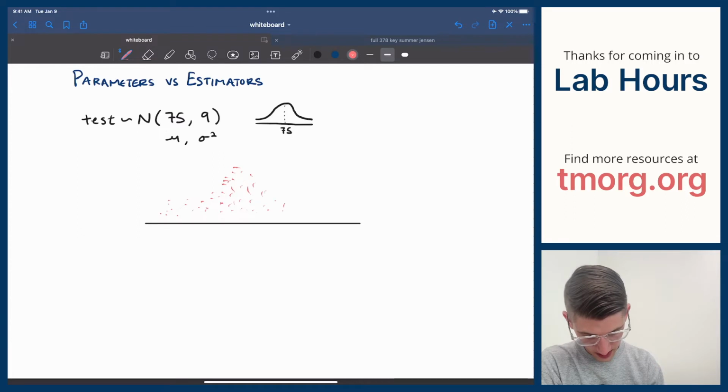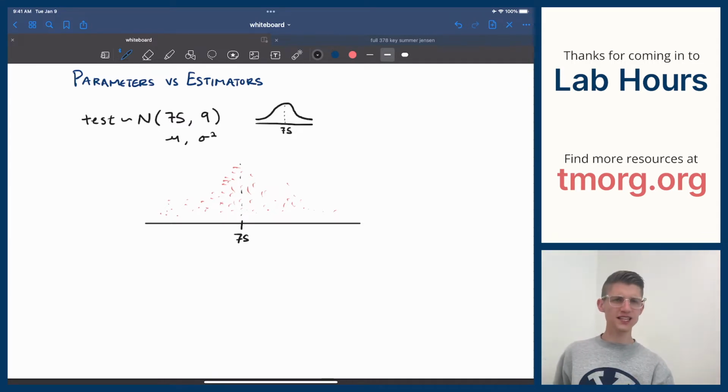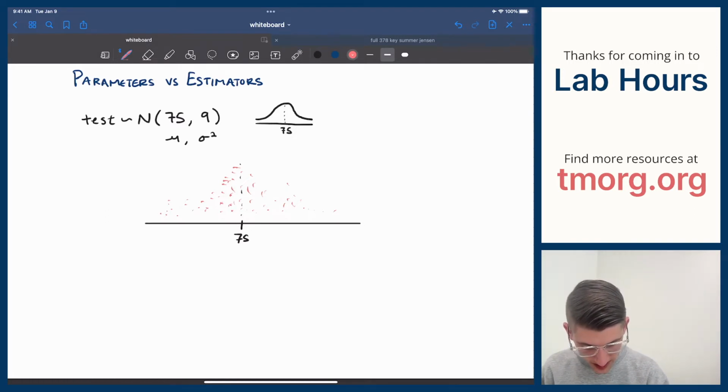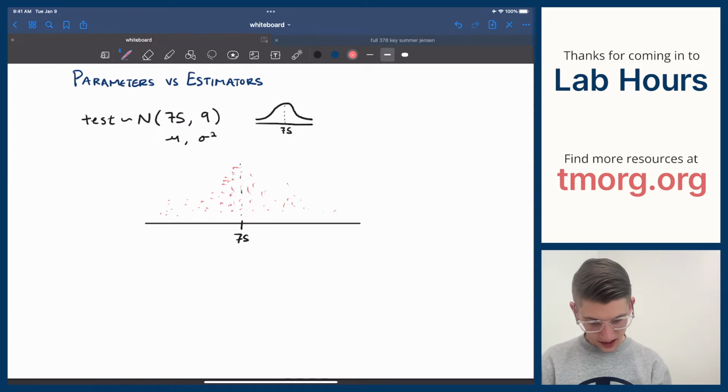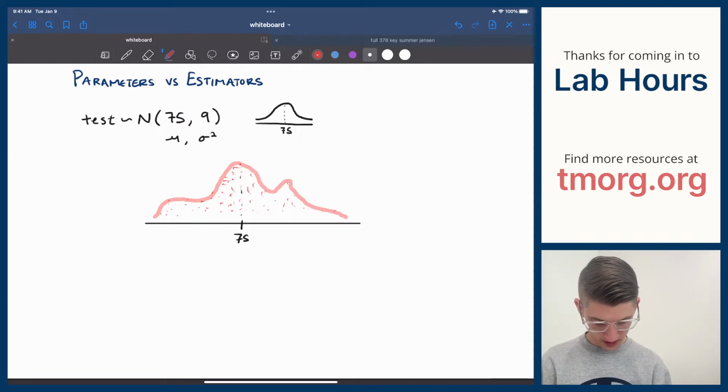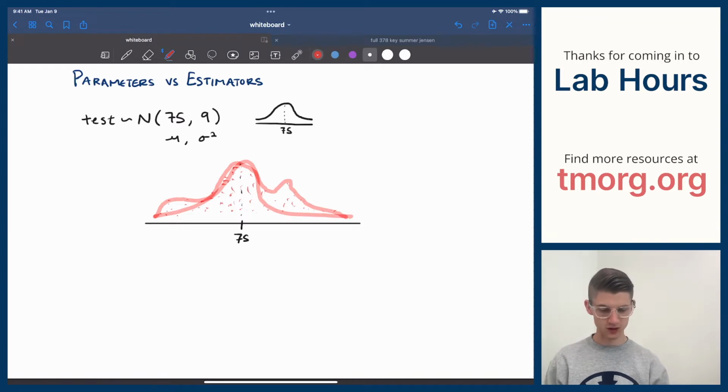This would be something like, what's it called, a stem and leaf plot or something like that? Where you've given the test to a bunch of people and you're keeping track of how many times you see a certain score, right? What if this is all you see, just data points? Well, it looks like that distribution could look something like this. Or it could be a distribution that's like this, but we just don't have enough data points yet, or something like that, right?